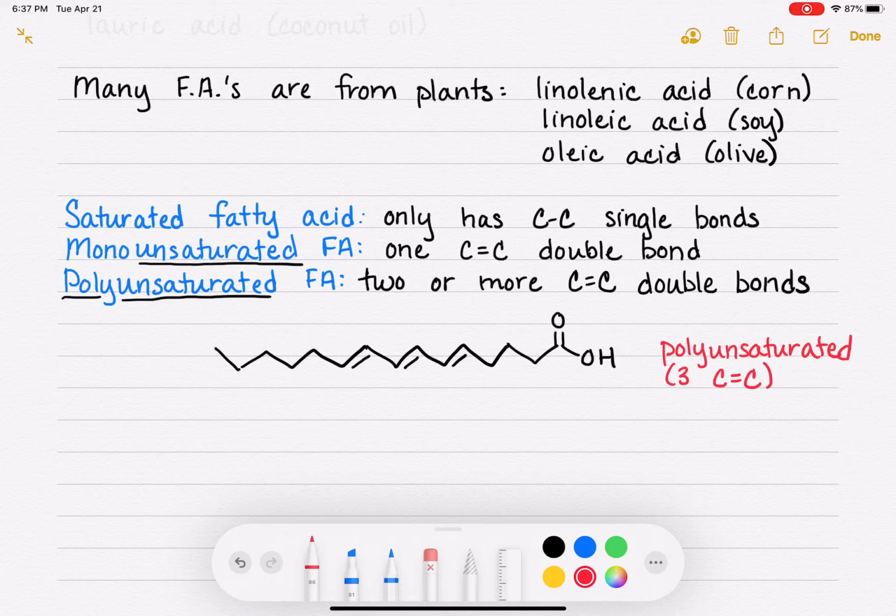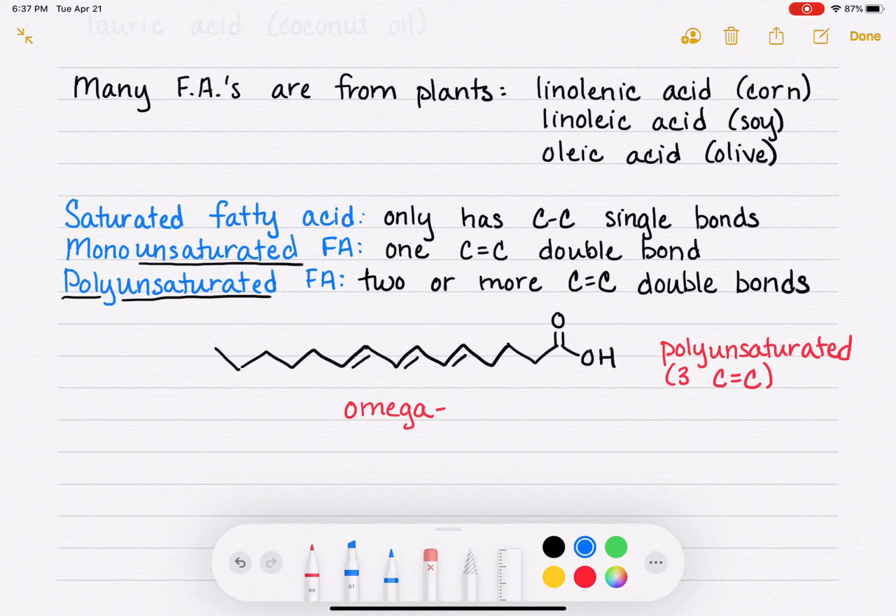And when we're looking at a mono or polyunsaturated fatty acid, we can also give it, it's not a name, but a designation, which we call an omega designation. And this designation is based on the location of the first carbon-carbon double bond in the molecule.